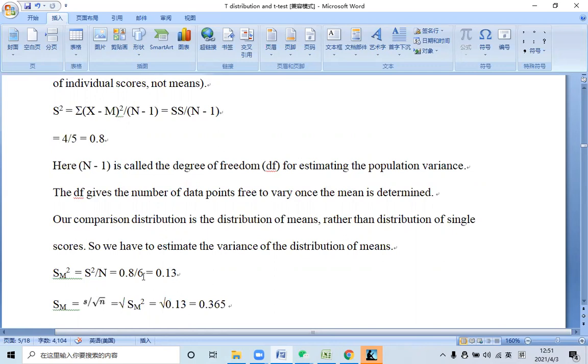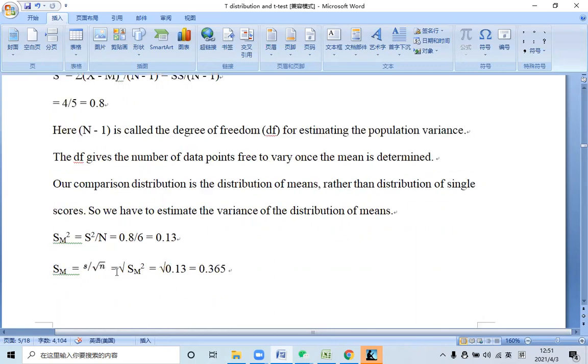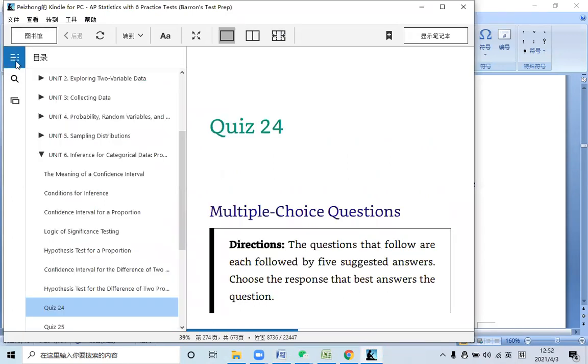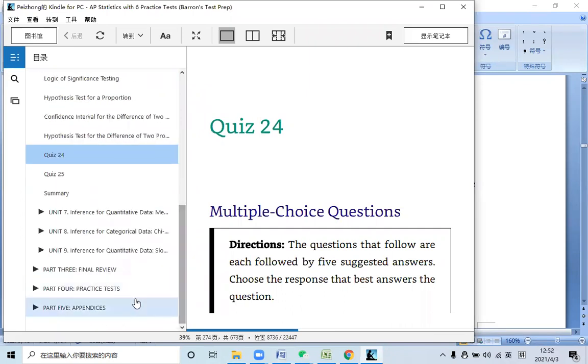You divide by the sample size. So you get the estimated variance of the distribution of means. The M stands for distribution of means. From the variance, you can get the standard deviation. Take the square root of the variance. Let's look at a t-table.